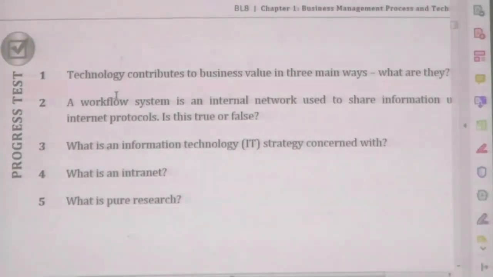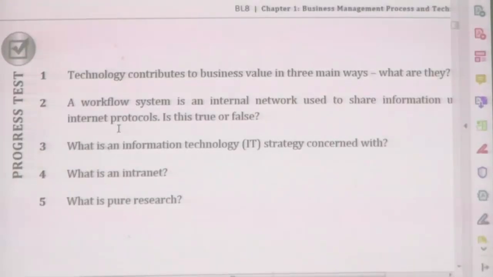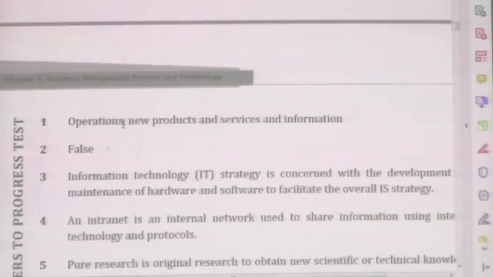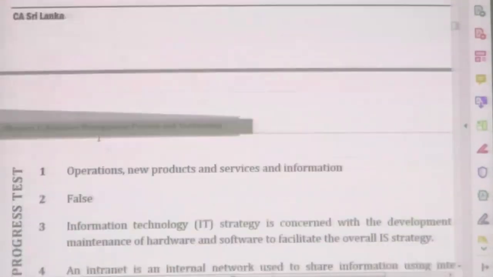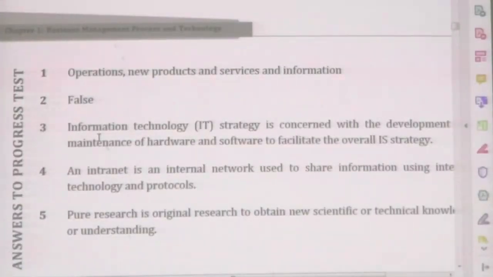Here they have given some sample questions, and also some answers. So, you have received the questions and answers. Out of these 11 chapters, the content is very large, and you will be getting many more questions.